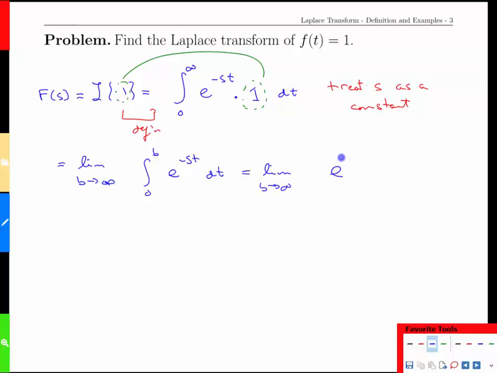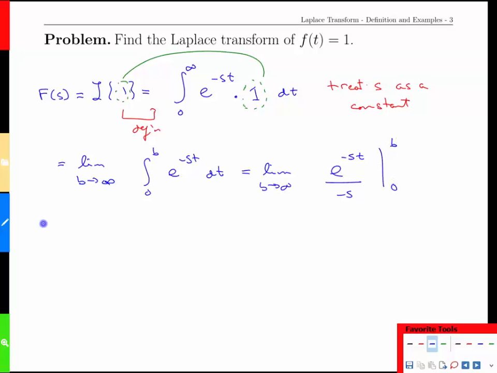Well, the integral is e to the same constant t divided by the constant, minus s here. And that'll be between b and 0. And that will give us the limit as b approaches infinity of negative 1 over s, e to the minus s times b, minus e to the 0.